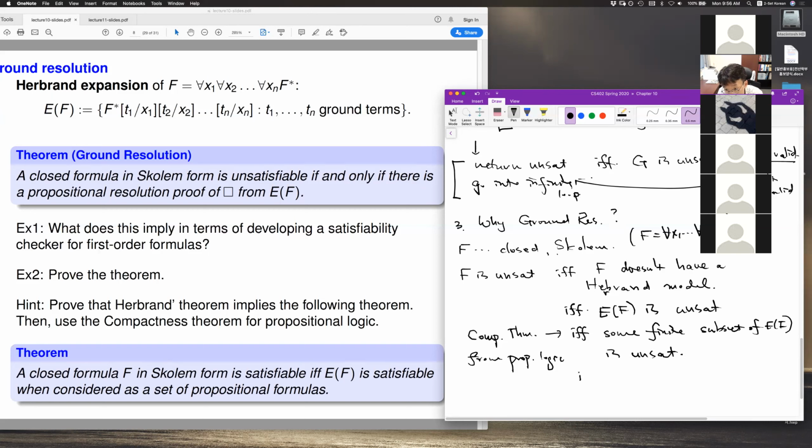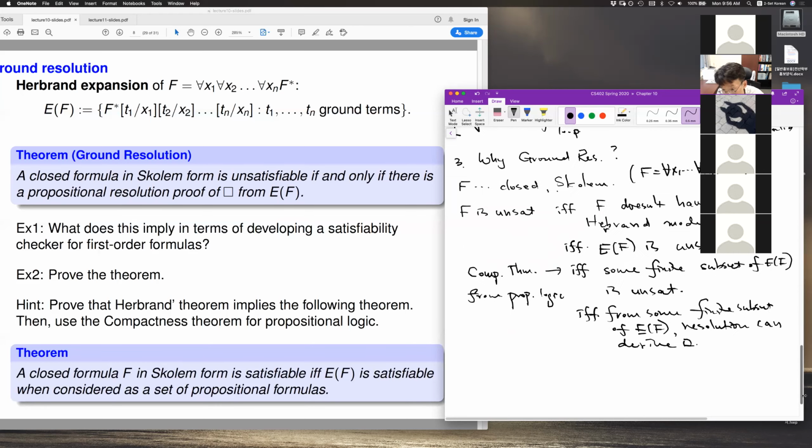Okay. But because our resolution theorem prover is sound and complete, it means that from some finite subset of E of F, resolution can derive box, so derive a contradiction.